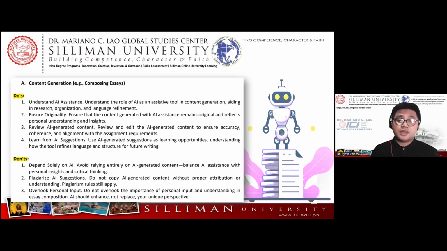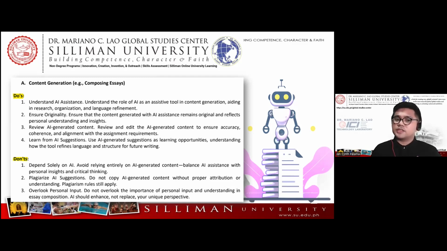Understand the AI assistant: the tool just helps organize your thoughts and suggest potential arguments. However, you should still rely on your own critical thinking to choose which points are relevant and to develop your final outline. Meaning to say, you need to understand the role of artificial intelligence.